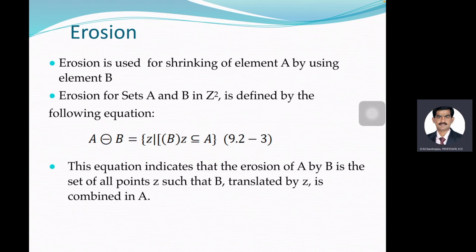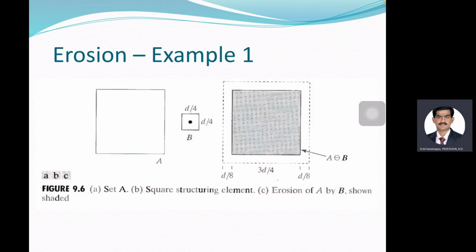We look into a similar example to what we considered in dilation also. Set A, and an elongated structuring element B we can use. Erosion of A using this element. Here, the third one.